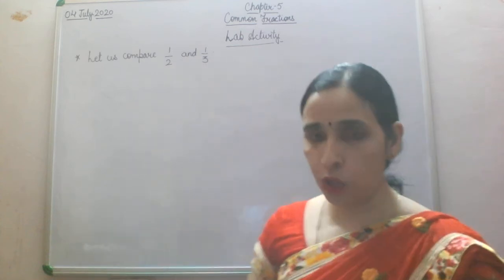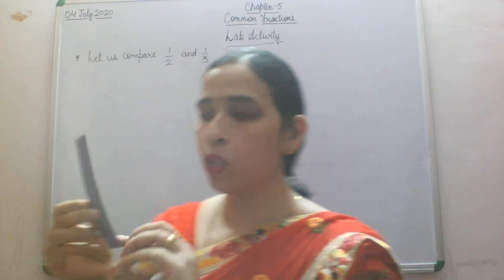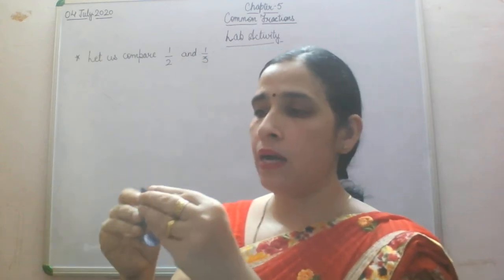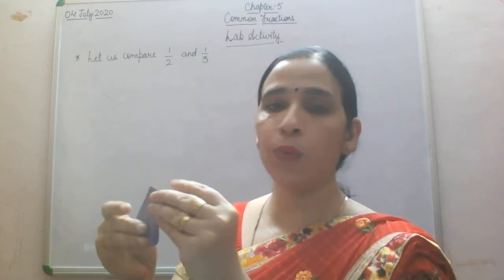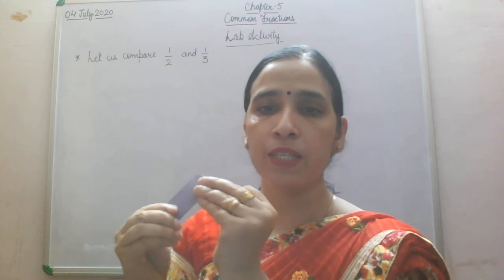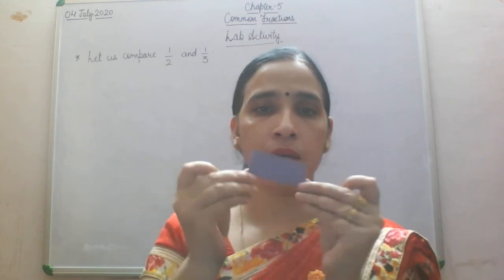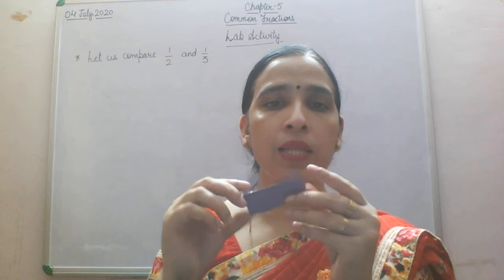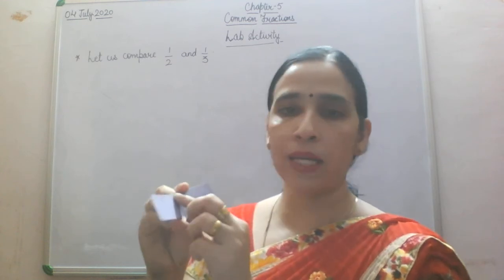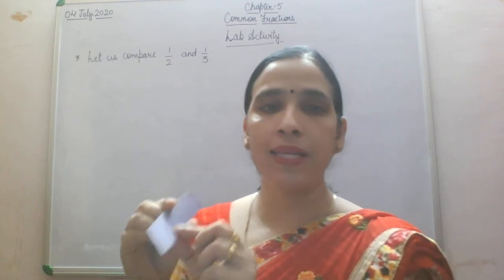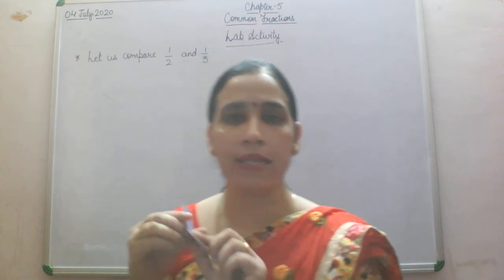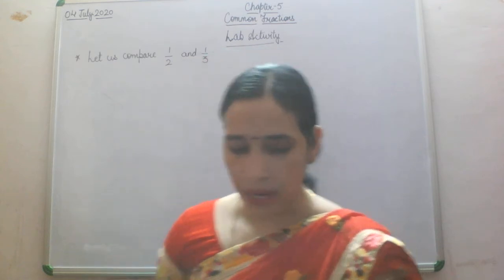So I am going to fold this strip from the center and divide it into two equal parts. This you can see here. Now I'll mark this portion with a pen, pencil or any colored sketch pen.